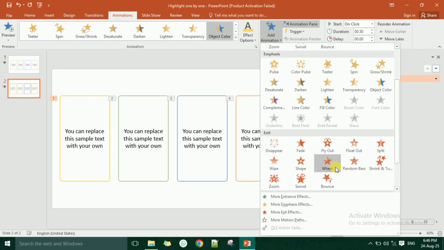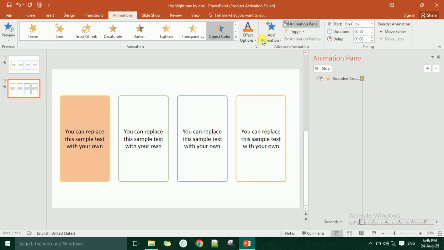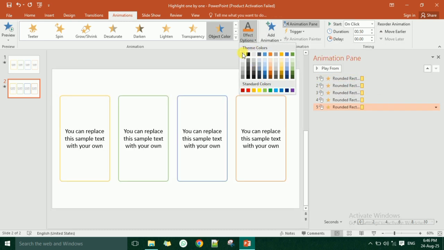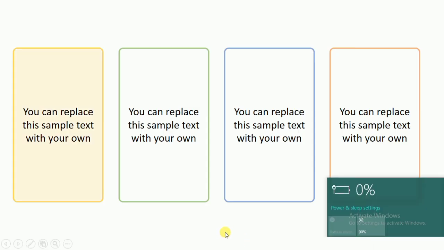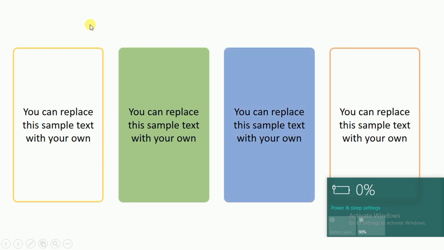We have to again go to Object Color, and from here we'll choose white. After choosing white, we will set it to With Previous, and take it here, so that when the second is shown the first disappears. Let me show you how. On first click this is highlighted, and on second click when this is highlighted, this one is removed with the previous.